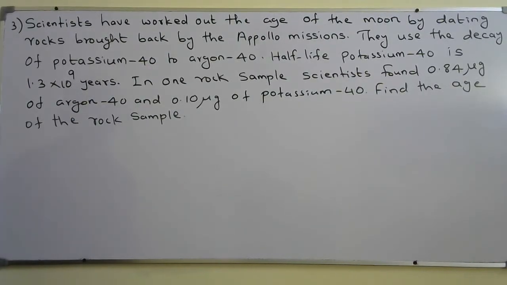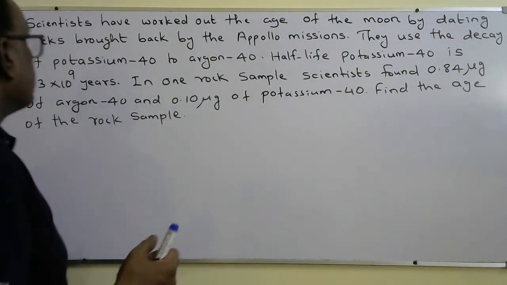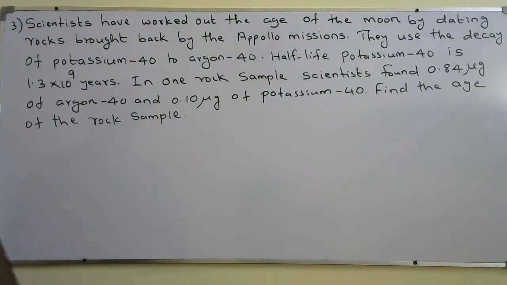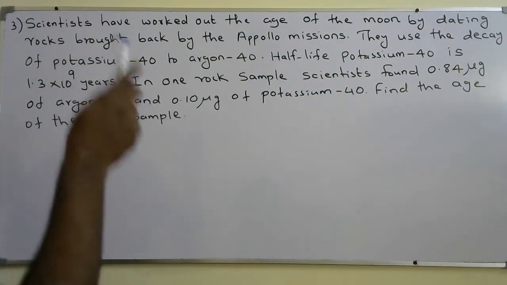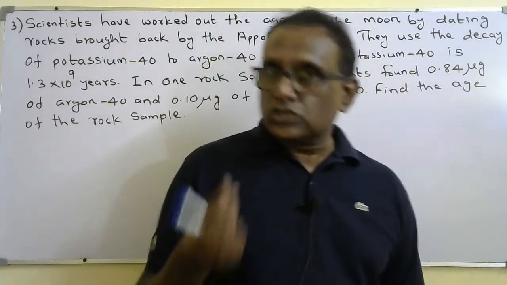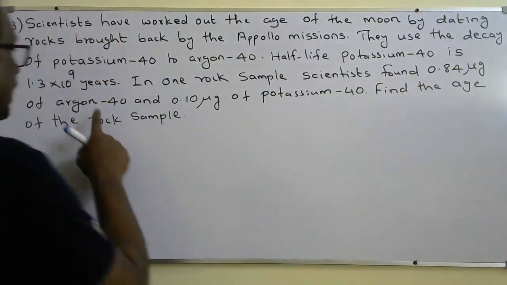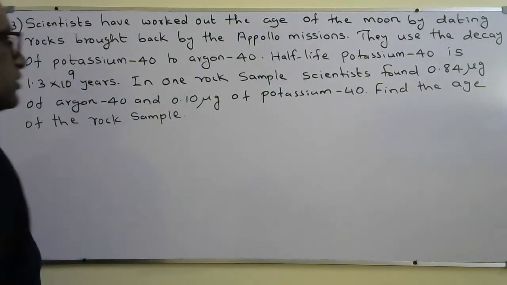Okay, so this is the third question. It says they found a rock sample on the moon. They know that potassium decays into argon-40. The half-life of potassium is given as 1.3 into 10 to the power 9 years. When they test the rock, they found it consists of 0.84 microgram of argon-40 and 0.10 microgram of potassium.